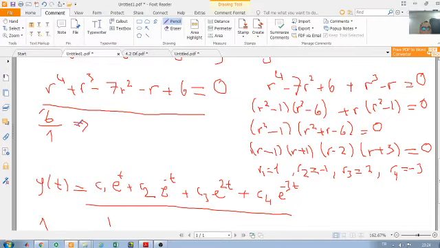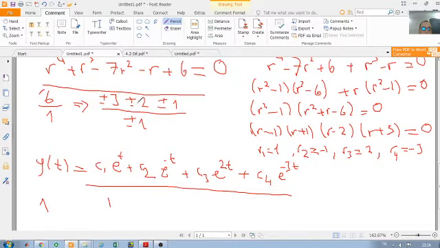So we will find the factors of them. The factors of 6 will be plus minus 3, plus minus 2, and plus minus 1, over the factors of 1, which is plus minus 1.